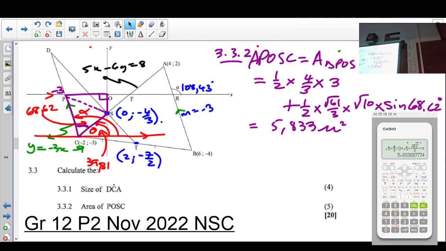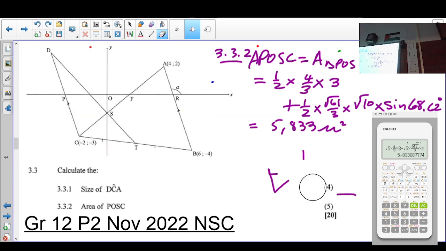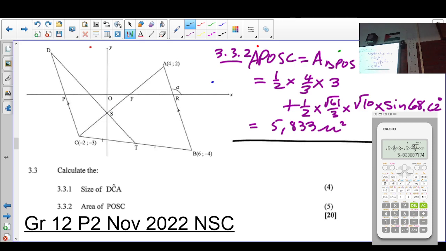Alternatively, what we could have said was, we could have concluded that shape there.